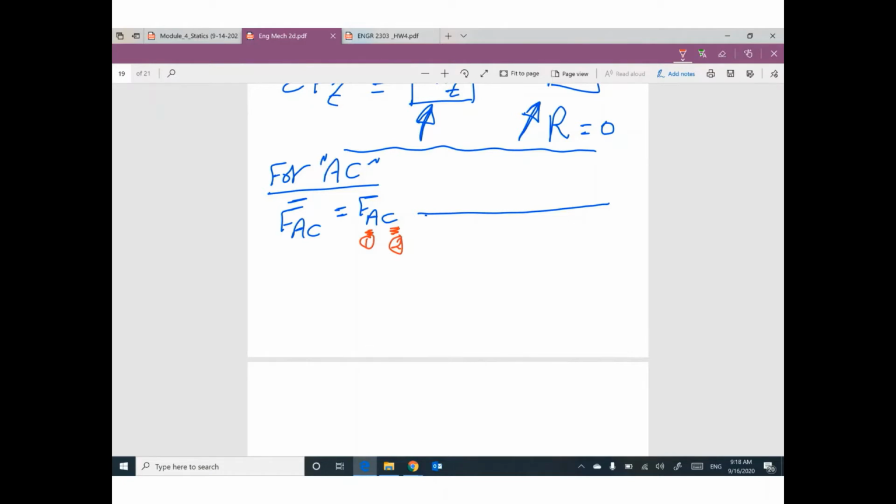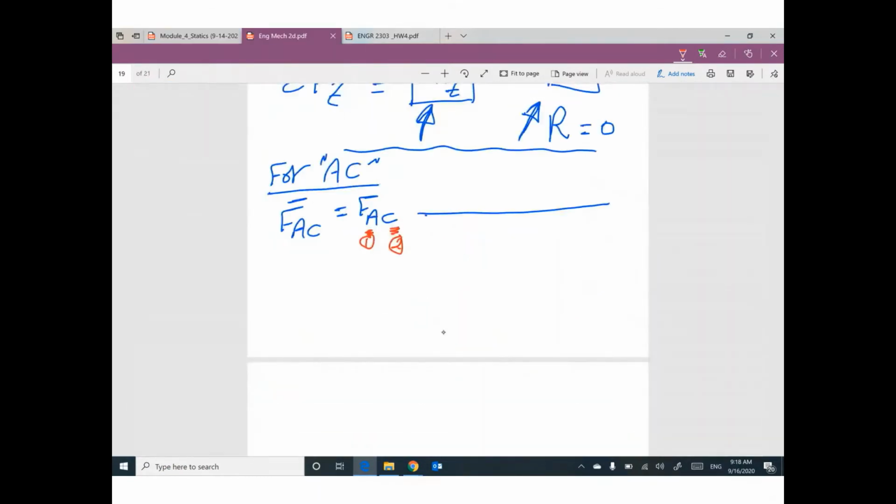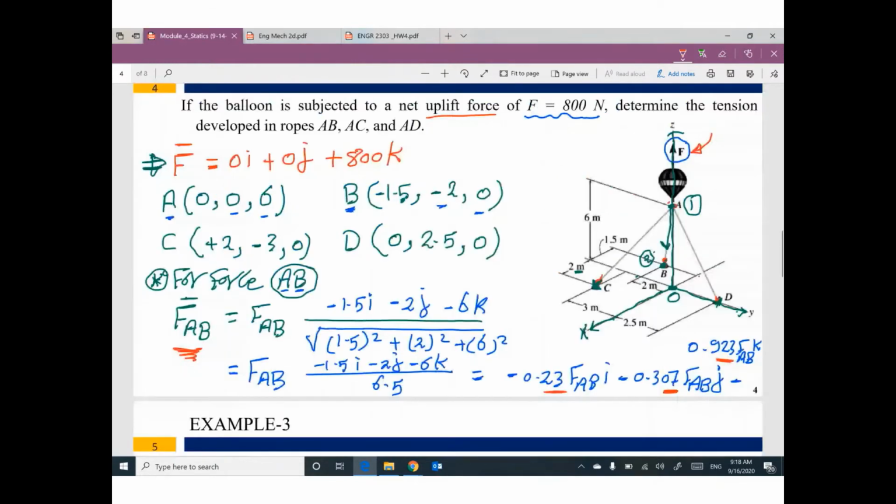So we have positive 2 minus 0, negative 3 minus 0, 0 minus 6. So we have 2i, negative 3j, negative 6k. That's right, 2, negative 3, negative 6.